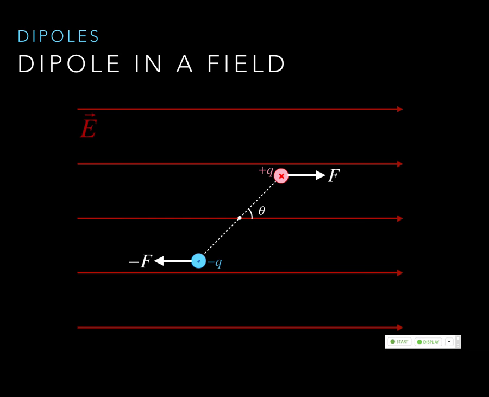Remember torque? You guys like torque? What's torque? Force times R. Not just times, it's a special times. Not dot. Force cross R. And what is R in torque? The distance from what to what?